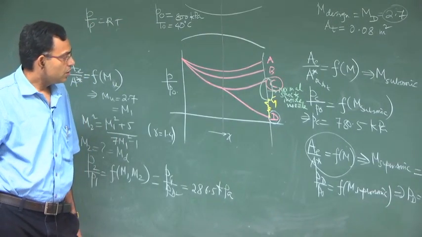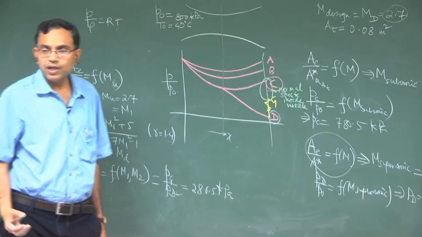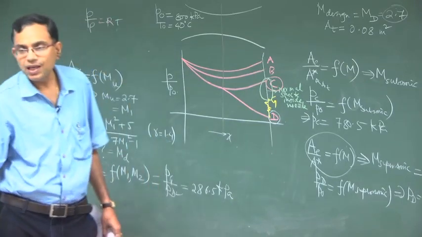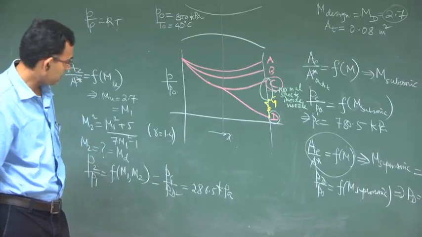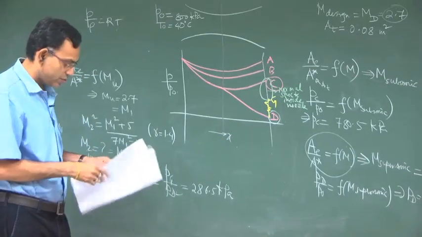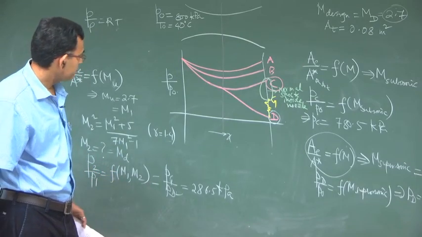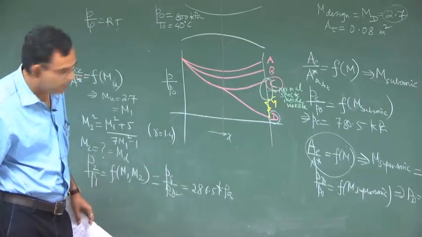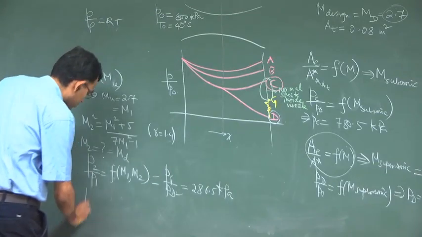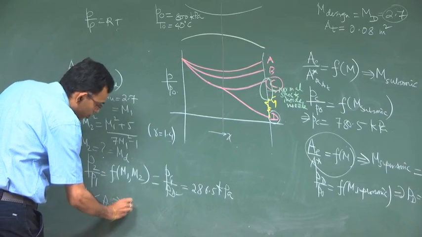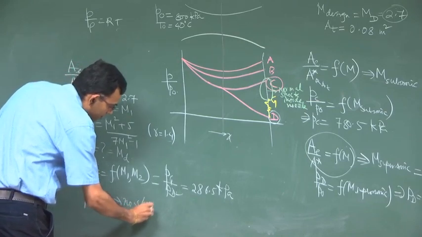So, what is the pressure for which there is no shock inside the nozzle? That is P less than Pg. So, the answer to question number 6 is Pb less than Pg will have no shock inside the nozzle.